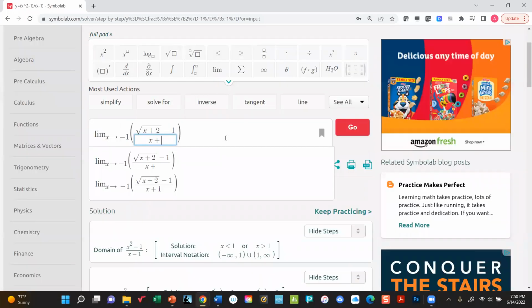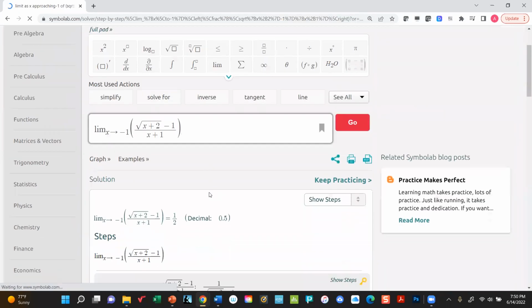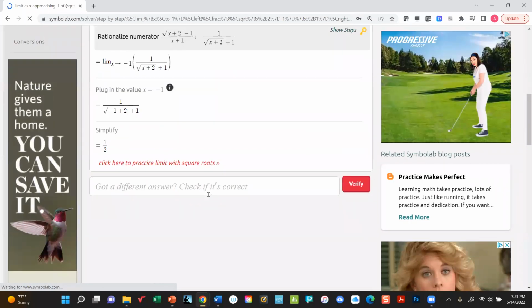Okay, perfect. All right, well, first let it do the calculations and then we'll take a look at the graph. So it ends up being a half, perfect.